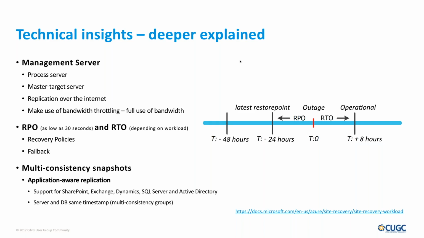Some applications are too sensitive to not having the same date and time of the restore, and then it can collapse and services can crash. So for that reason, a multi-consistency snapshot is possible. You create replication groups and place database and application servers in the same group, just to make sure that the server and the database are at the same timestamp.